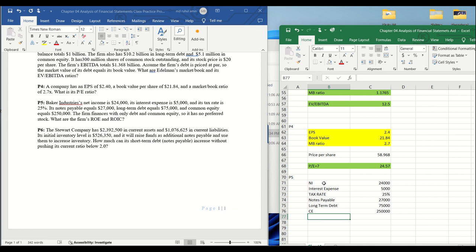What are the ROE and ROIC? So these values we get from our problem.